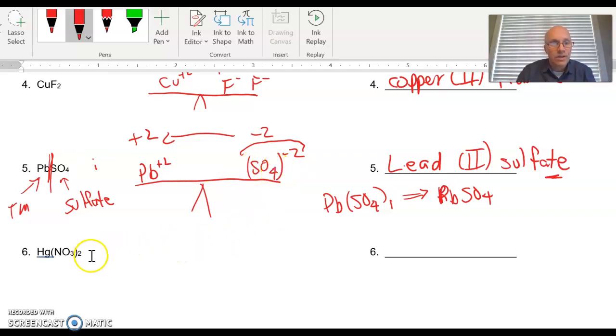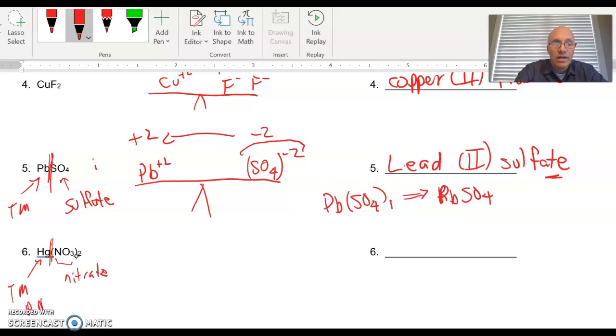All right, so this next one right here, a lot of times when you have more than one polyatomic ion, it's kind of a giveaway because it's the only thing that we put in parentheses in a formula. So that means that the divide is right there. That is mercury, which is a transition metal, which means I'm going to need a Roman numeral. And this thing right here, that is nitrate.